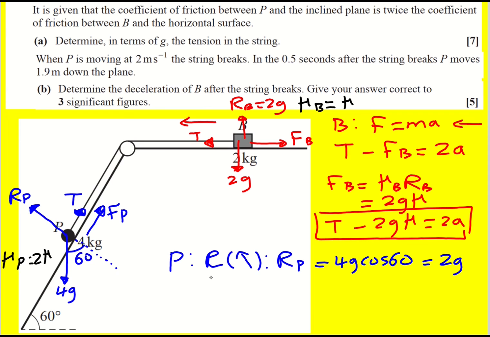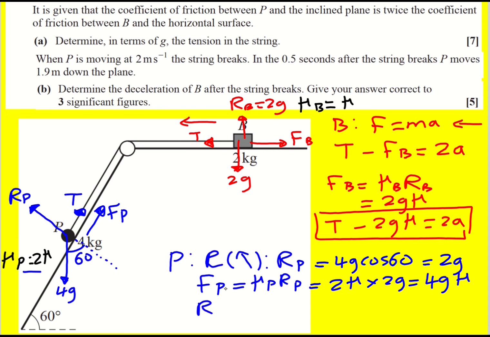I'm going to go straight ahead and write down the friction relationship here. So FP is going to equal mu P times RP, which in this case is going to be 2 mu from here, multiplied by RP, which we just calculated. So it's going to be 4g mu.